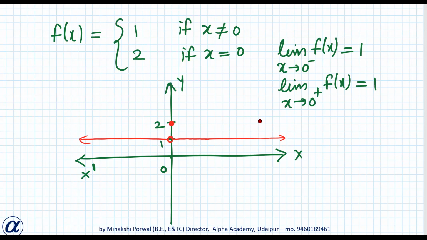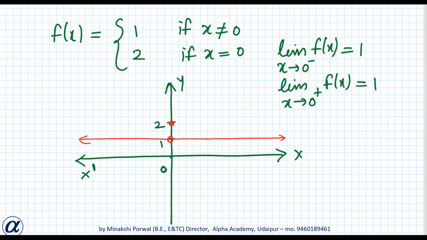So now one more condition we have to say: left hand limit should be equal to right hand limit, and should be equal to the value of that function, basically f of 0. Left hand limit should be equal to right hand limit, should be equal to the value of function at x equals 0.